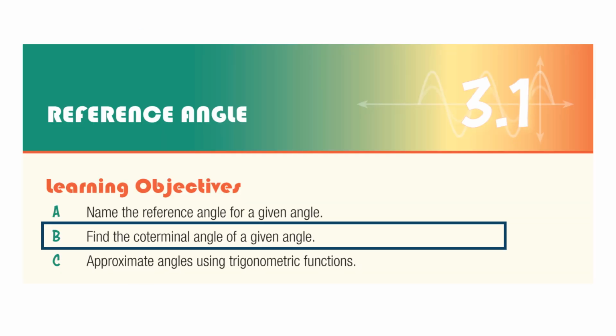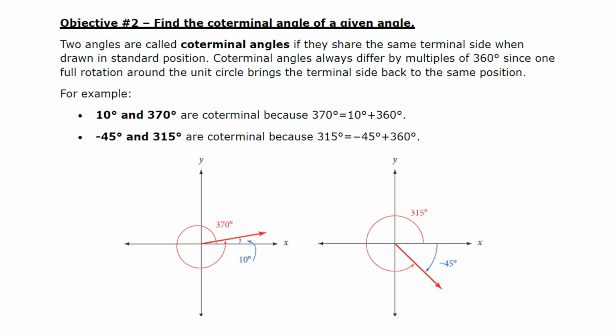Okay, our next objective: find the coterminal angle of a given angle. Two angles are called coterminal angles if they share the same terminal side when drawn in standard position. Coterminal angles always differ by multiples of 360 degrees, since one full rotation around the unit circle brings the terminal side back to the same position.